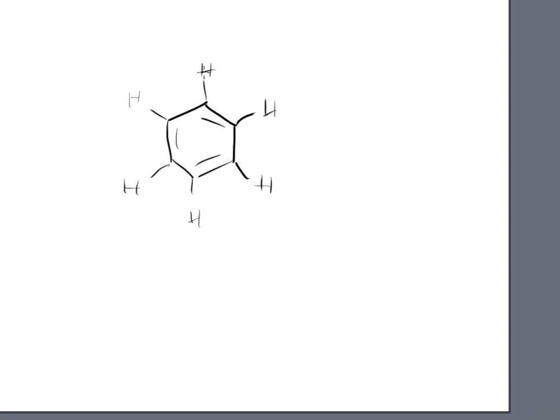All right, so if I remove that hydrogen and put a bromine on it, no matter where I remove the hydrogen, I'm going to get the same name. Whether I do it to the top, or to the bottom, or to the left, or to the right, or to the top right, or to the top left, it doesn't really matter. It's the same hydrogen all the way around.